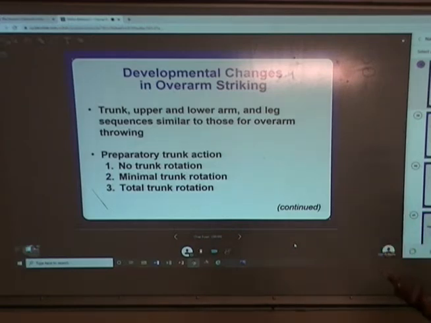And I don't know if that's an error. I need to go back to the previous edition. I don't remember the observation plan being missing in the previous edition. So I need to go back and have a look at that and see whether that's an error on the publisher's part or whether they just didn't include that this time around.